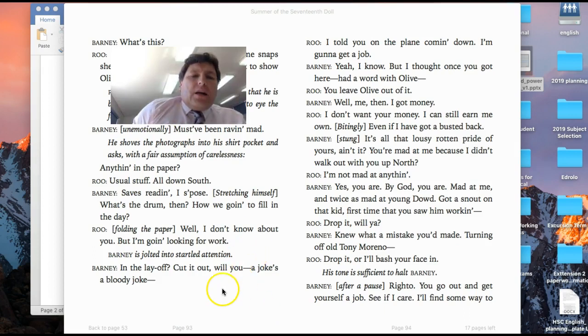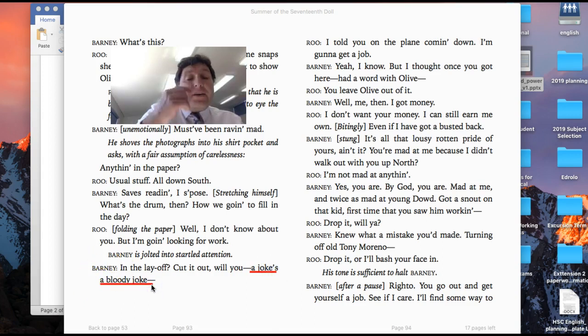Now, Roo and Barney here are talking about where Roo has decided to get a job in the city. He gets a job, as you know, in the paint factory. And yes, you can talk about things here, you know, a bloody joke, the swearing. 1953 is pretty full on and pretty dangerous and pretty taboo, pretty challenging for people.